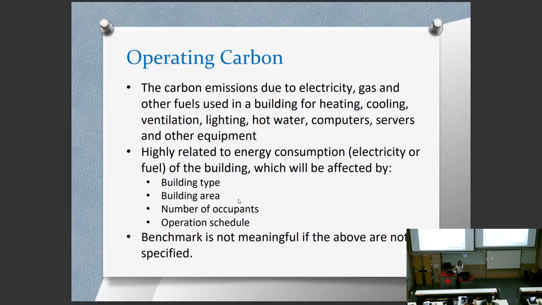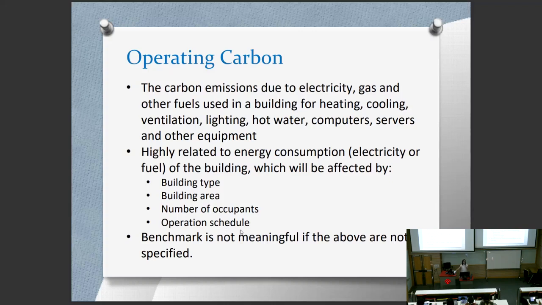Number of occupants will affect the number of equipment. Like in an office, every employee will have his own computer or laptop, and it will affect the small power consumption, and therefore the operating carbon. The number of occupants will also affect the air conditioning and some more consumption.